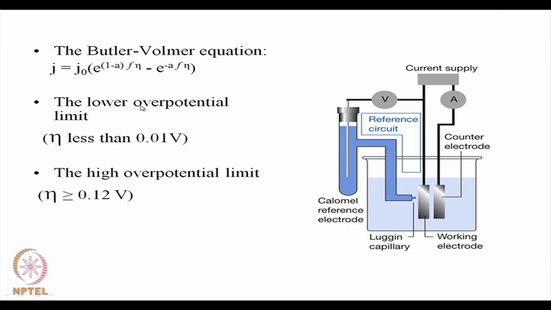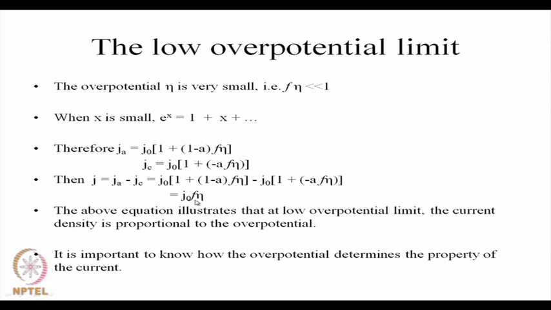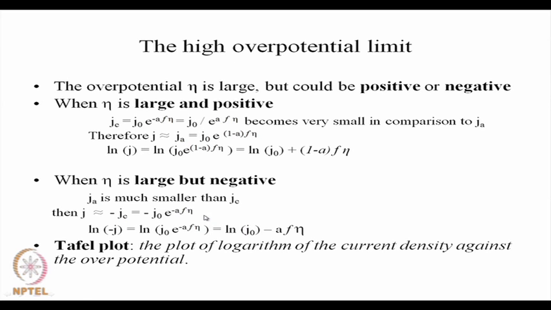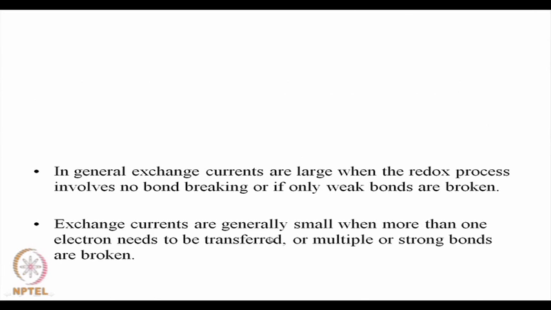Then we have talked about overpotential. We have discussed two case situations: lower overpotential and higher overpotential. For lower overpotential, the current density is linearly dependent on eta, the overpotential, but for the higher overpotential limit we get the Tafel equation. Okay.